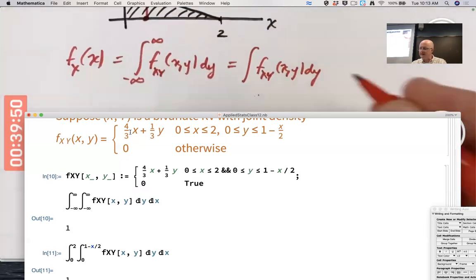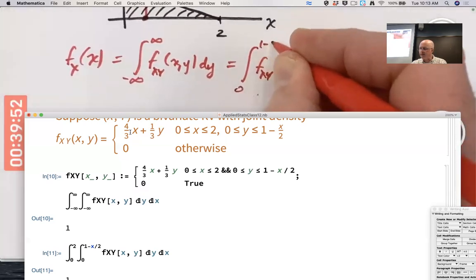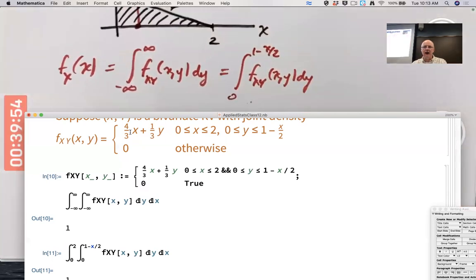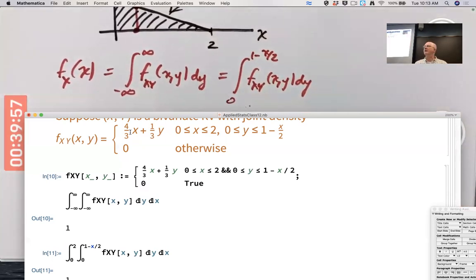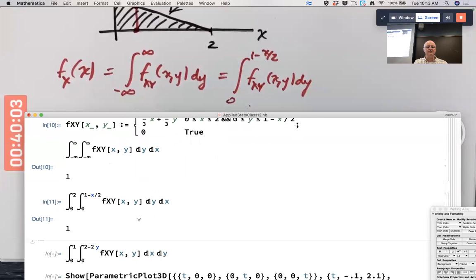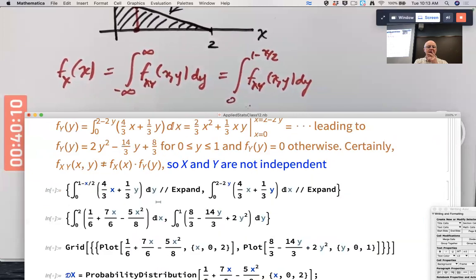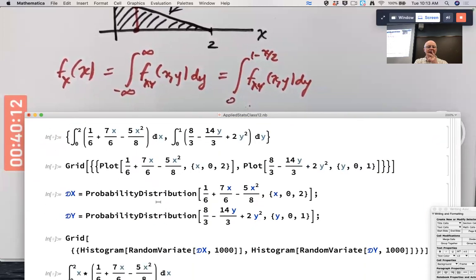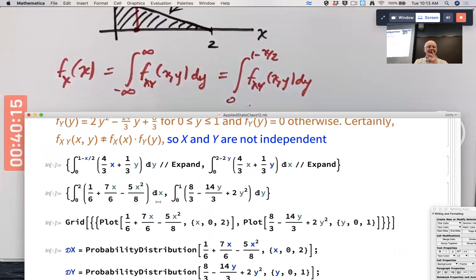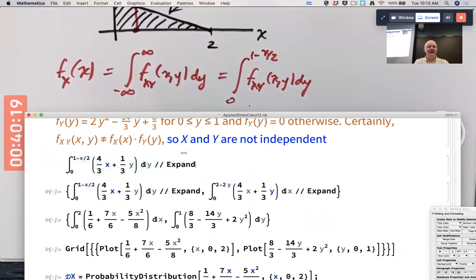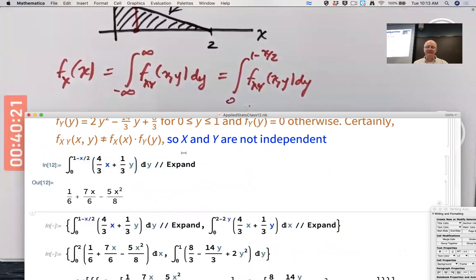So this integral ends up being 0 to 1 minus X over 2. I'm integrating out the Y. What's left does depend on X. What does it equal? It's down here further. Where did I put it? Okay, it's this thing right here. Equals that.